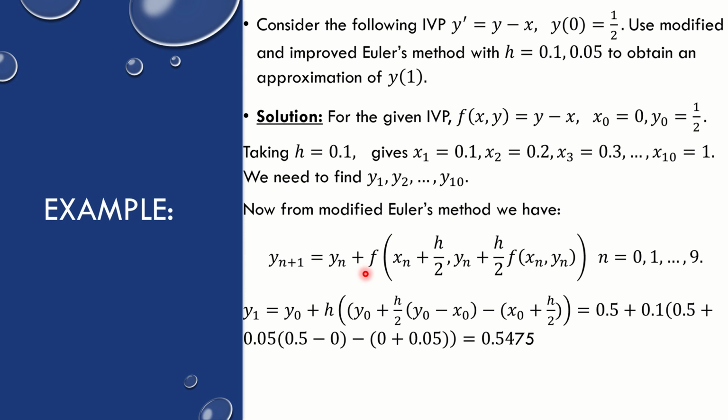So if you want to find y1 first, you'll take y naught here plus h, and the function is again y minus x. I'll be replacing the complete y with this quantity, so it's y minus x. So I'm taking y naught plus h by 2, y naught minus x naught, because f of x and yn is y minus x, and then minus this quantity. I hope it's clear to everybody.